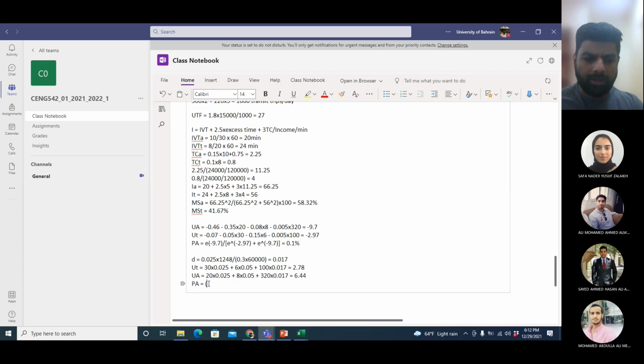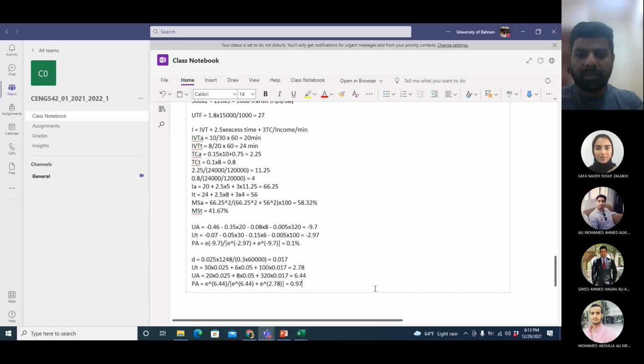Okay. Then if you calculate the utility, e to the power 6.44 divided by e to the power 6.44 plus e to the power 2.78 gives 0.97.